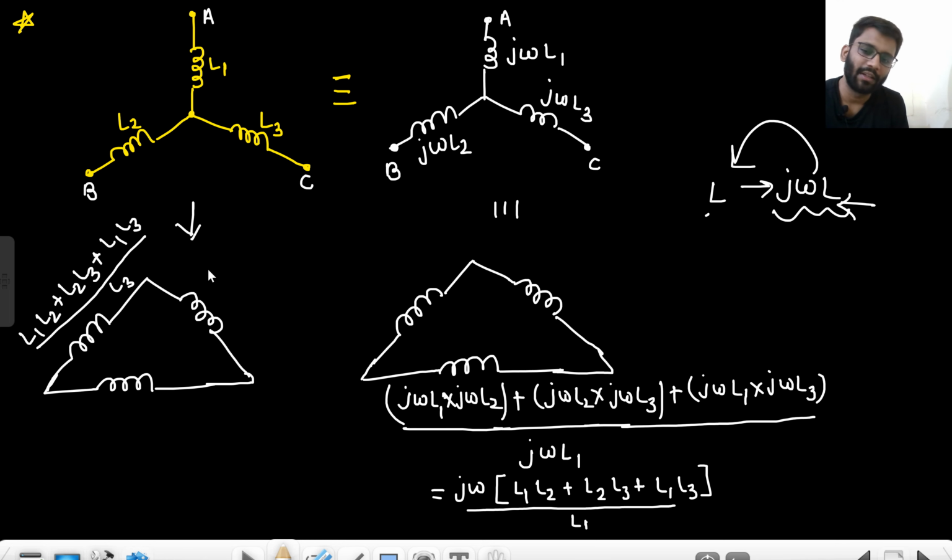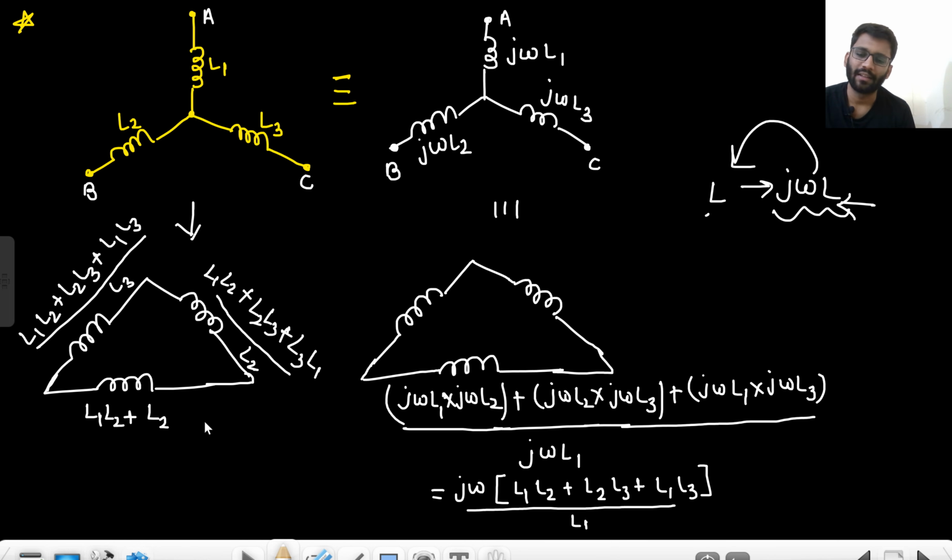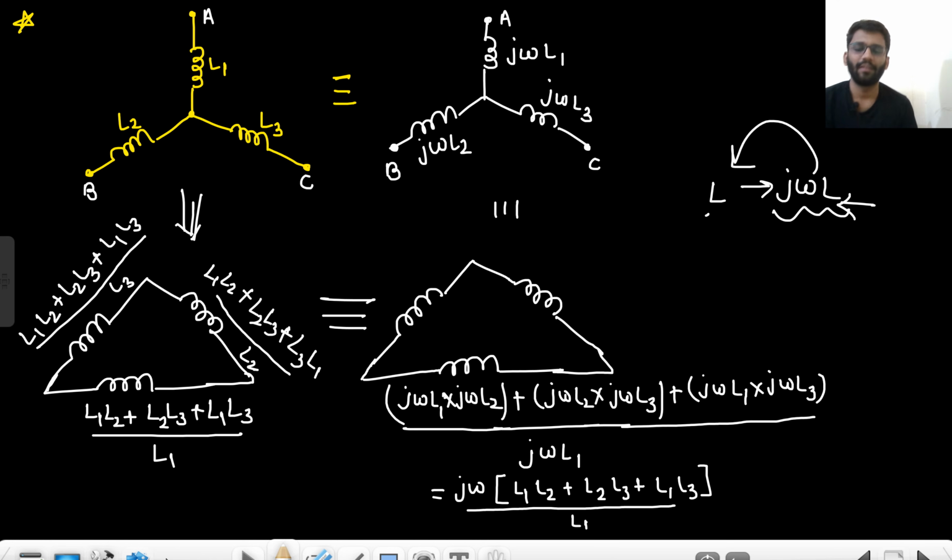Now for this one, it will be L1 L2 plus L2 L3 plus L3 L1 divided by L2, right? And for this one, this is the easier one to write. L1 L2 plus L2 L3 plus L1 L3, and this is the final one, divided by L1. Got it? Well and good.